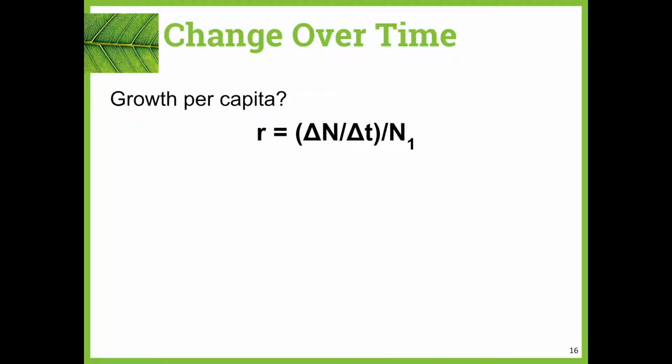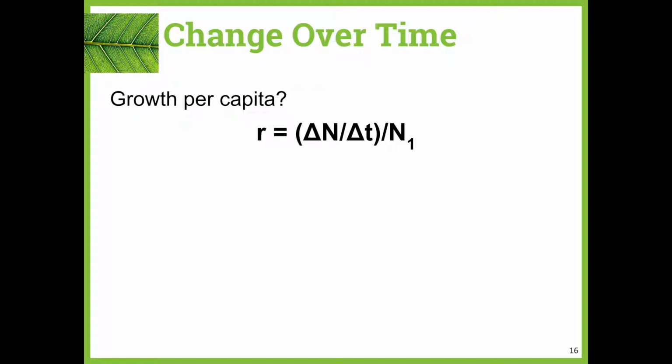And here's an example. If we want to figure out per capita growth rate, the equation that we have up here uses R. The per capita growth rate is symbolized by R, and it's calculated as a change in population size per unit of time divided by the number of individuals at the start.